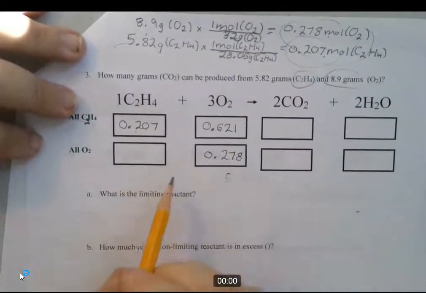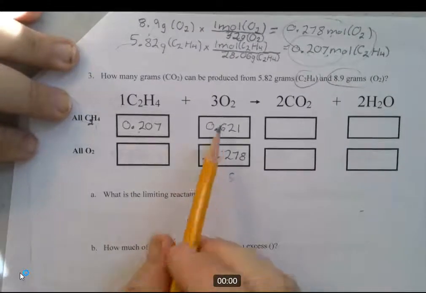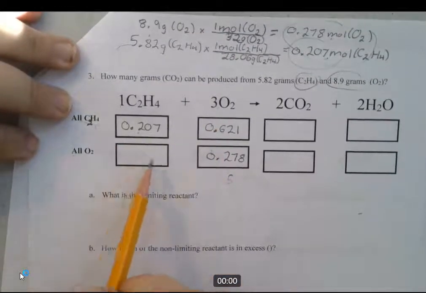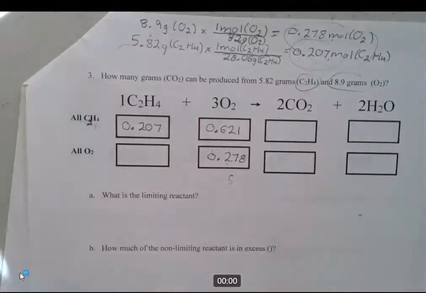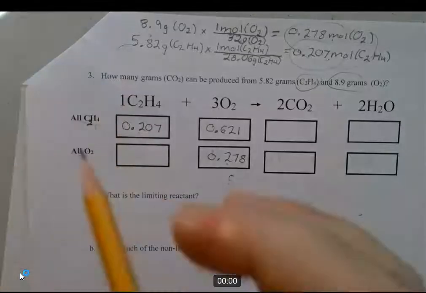This one you go in the other direction. You need 3 times as much oxygen as you have C2H4, so I divide this number by 3 to get that number, and that is going to be 0.093.